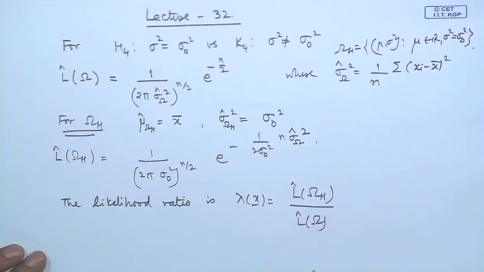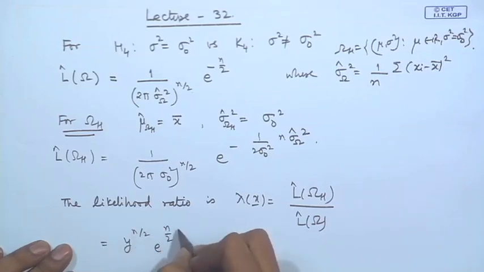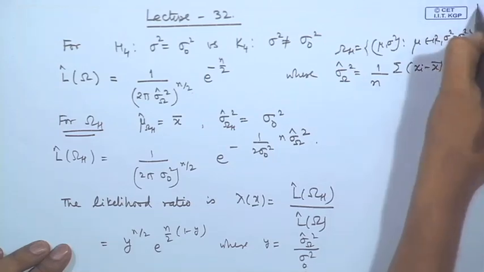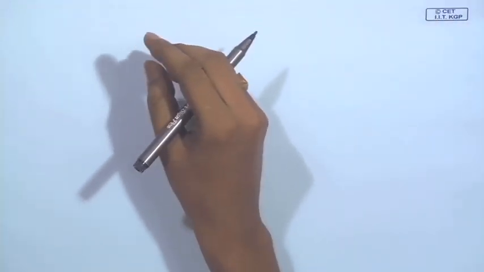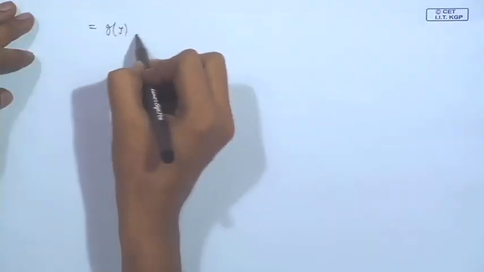I can write it as y to the power n by 2 e to the power n by 2 into (1 minus y), where y is equal to sigma omega hat square by sigma naught square. We have seen the behavior of this function, this is equal to say g y.